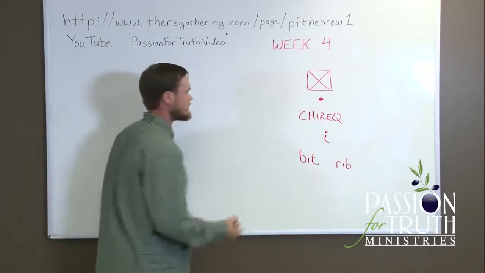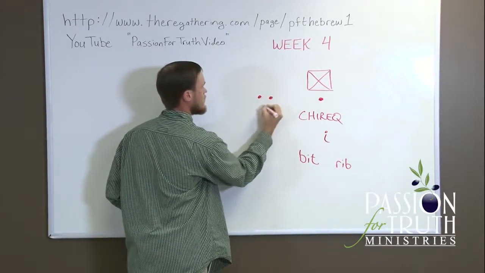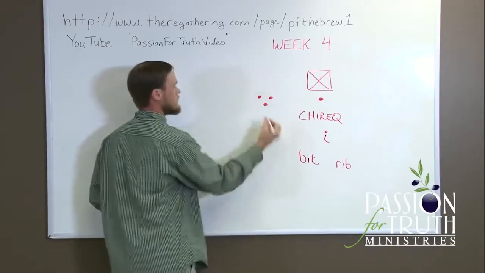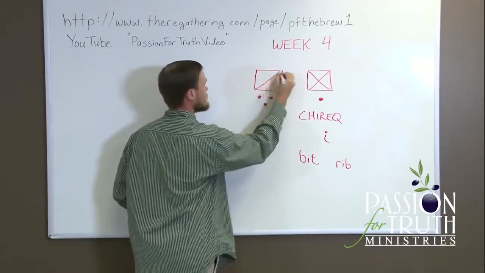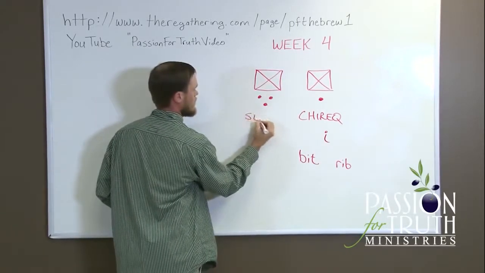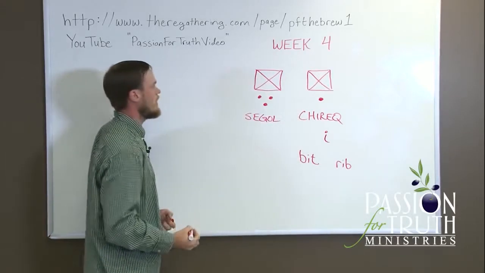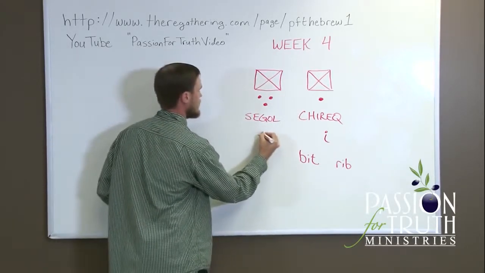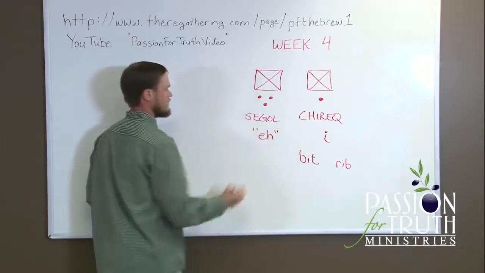Our other vowel for today is 3 dots in this upside down pyramid. These are also written below the letter. This vowel is called a segol, and it makes the sound of short E or eh.